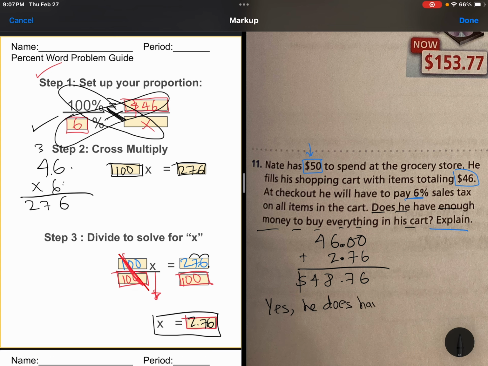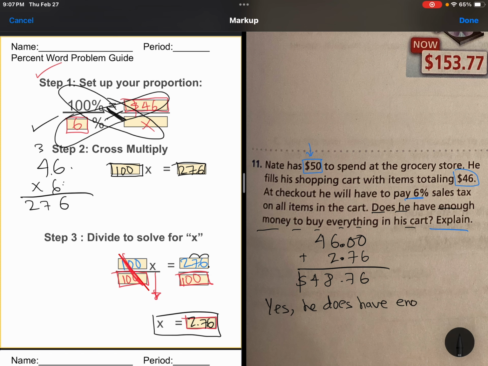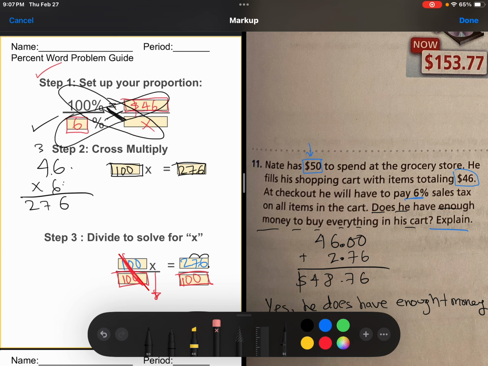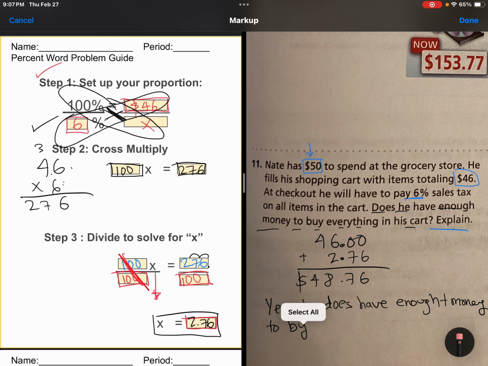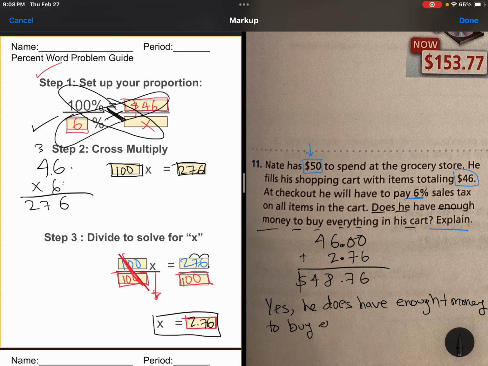It does have enough money to buy everything in his cart. Okay, that's a statement.